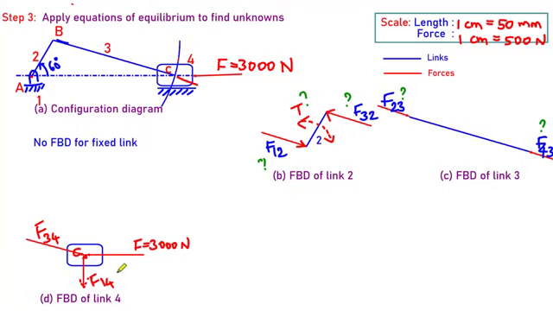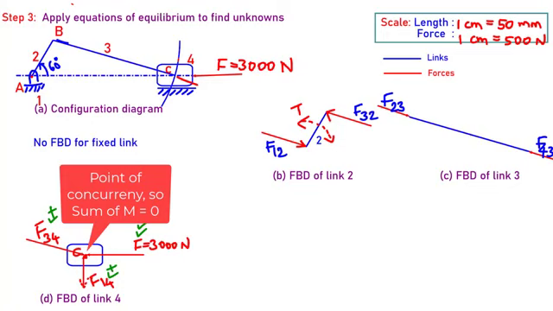We can start from here. Why? We know the direction of all three forces. A three-force member can be in equilibrium only when those three forces acting on the link form a closed force polygon. You know that there are two conditions of static equilibrium: summation of F is equal to 0, summation of M is equal to 0.